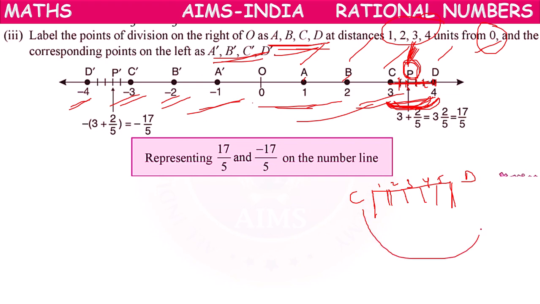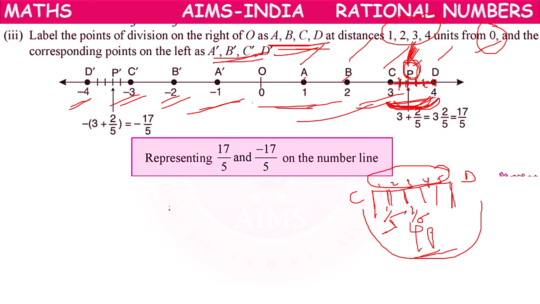We have divided CD into 5 equal parts with the help of 4 points. They have named this second part as P, and they are asking the value of it. Out of these parts, the first part is 1 by 5, the second part is 2 by 5.